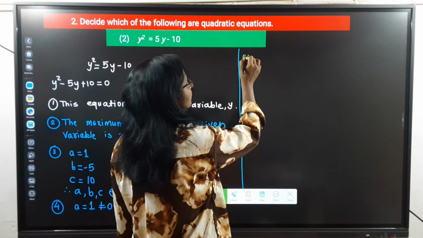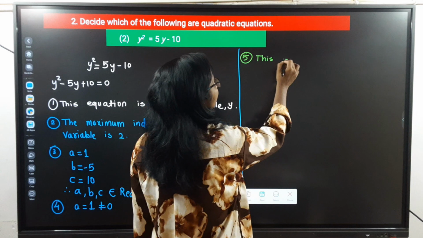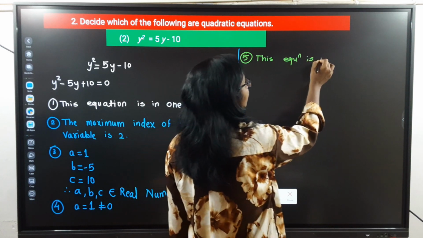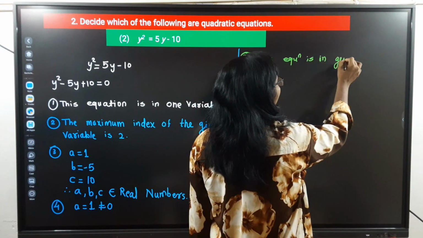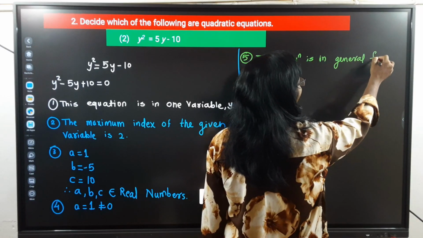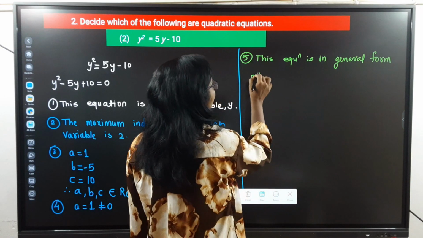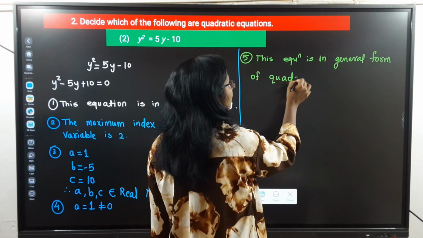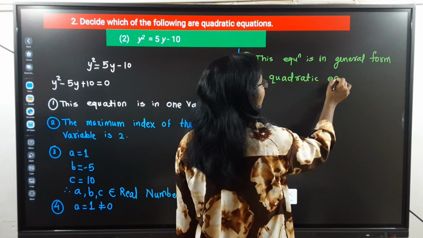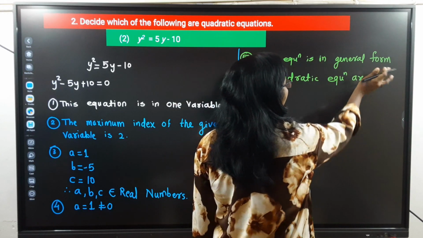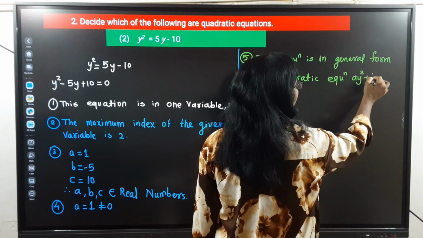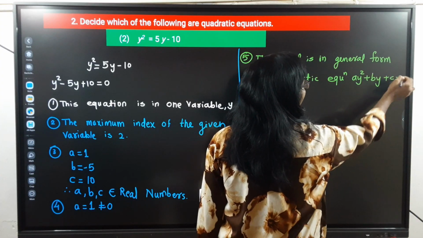Then the next condition is that this equation is in the general form of a quadratic equation, ax square plus bx plus c is equal to 0.